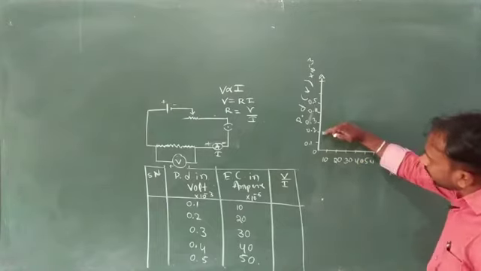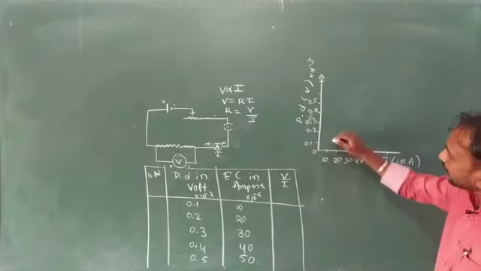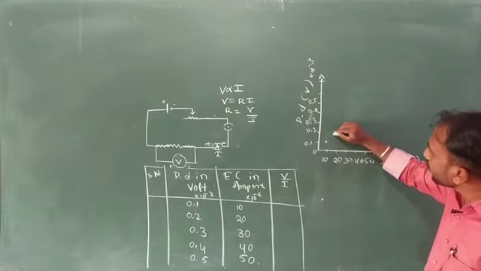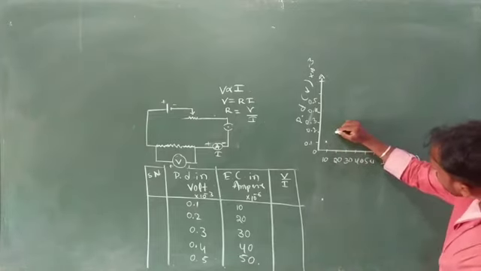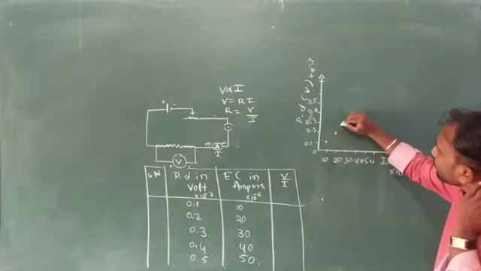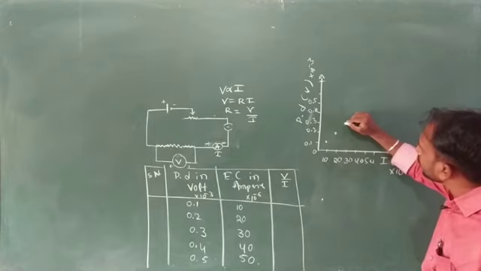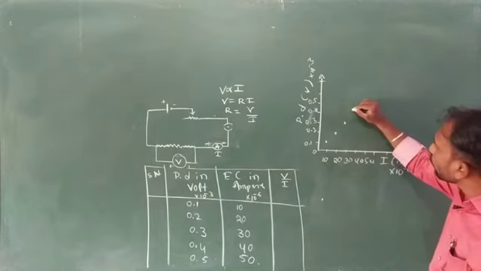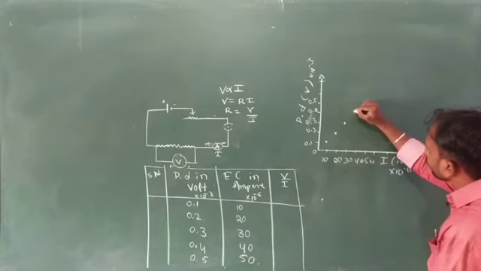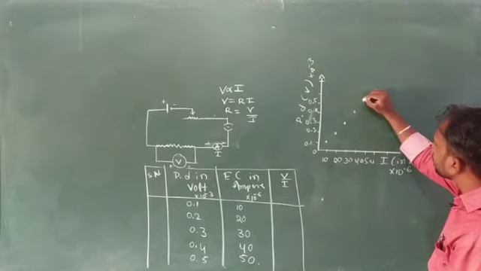Okay, so for the first potential difference 0.1, the corresponding electric current is 10 microampere. Next is 0.2 potential difference with electric current 20 microampere, and here 0.3 with corresponding value 30, 0.4 with corresponding value 40, and 0.5 with corresponding value 50.